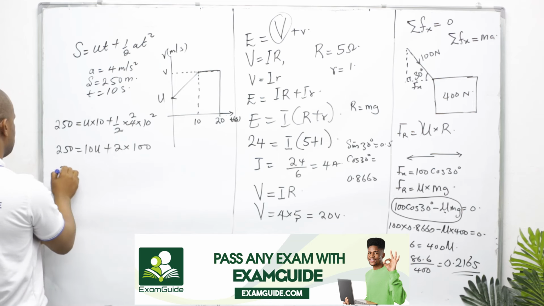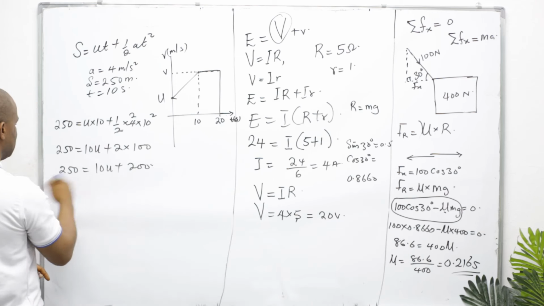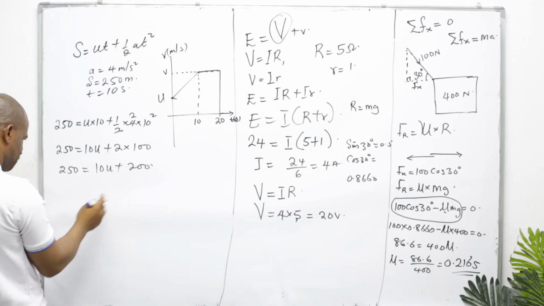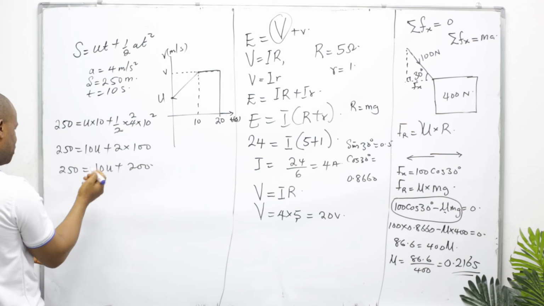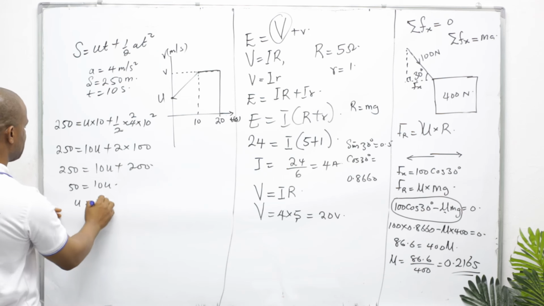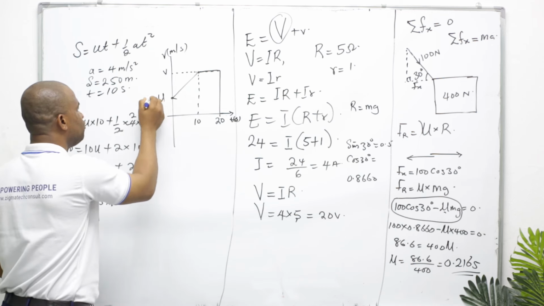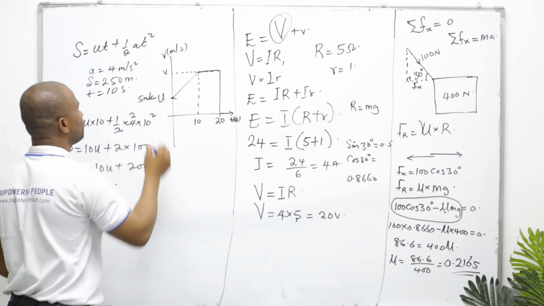This is 250 equals 10U plus 200. This coming here is subtraction, so 50 is equal to 10U. So U becomes 5 meters per second. Alright, I have found my U.